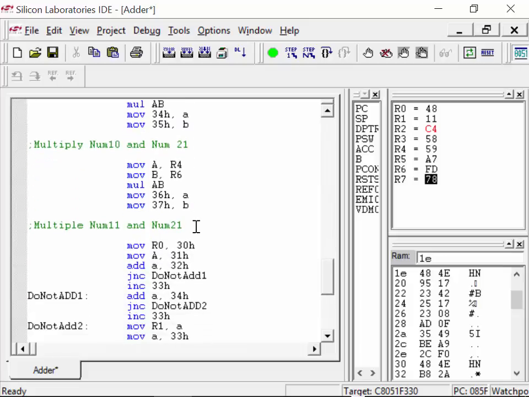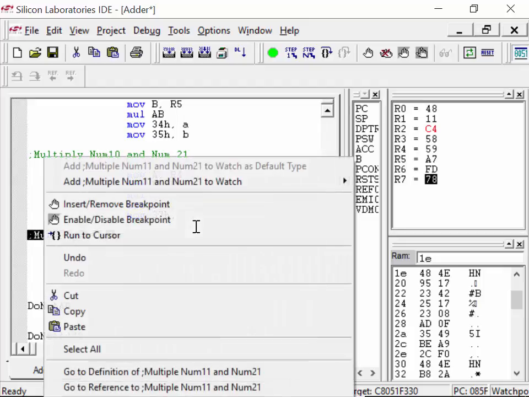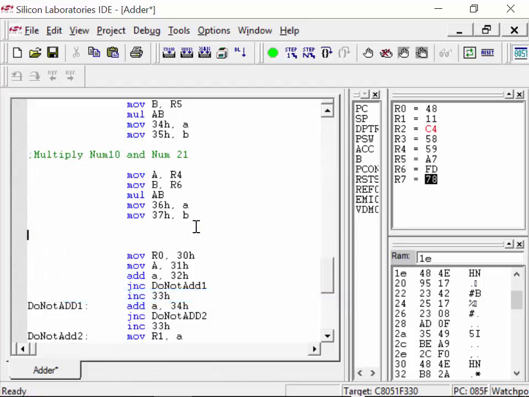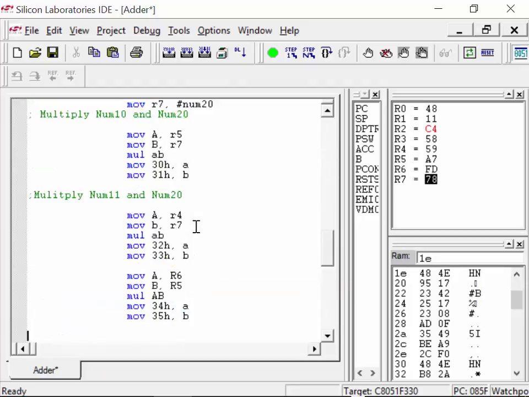Oh, this is the start of the add. Okay. There's our multiplies.